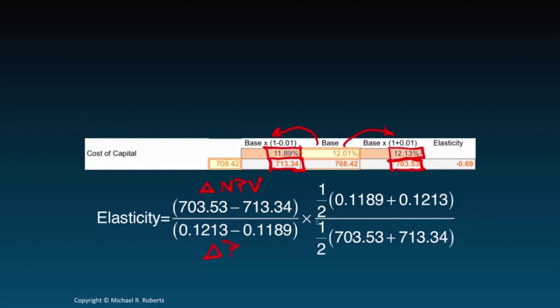Then I multiply that times the average of the two numbers. So this is really just the average of the parameter values. This is the average of the NPVs. And obviously these halves cancel one another, but I wanted to put them there to emphasize that I'm just taking the average of these 2 points. And the reason I'm doing this is because the elasticity will vary depending upon the direction in which we calculate it.